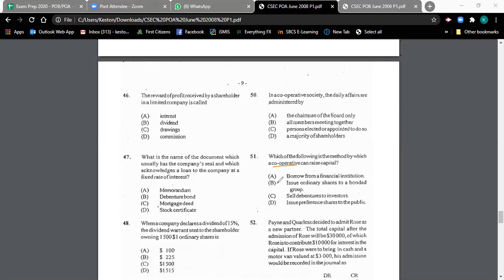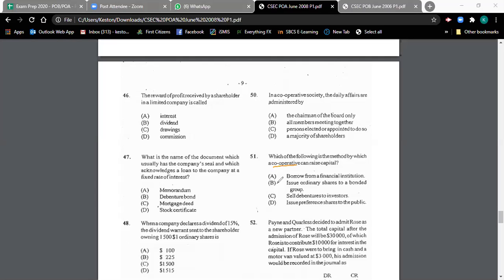A bonded group would have to be its members. Let's see. In the meantime, let's look at the other one.